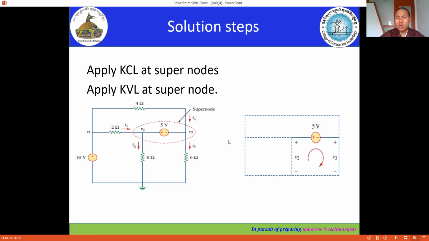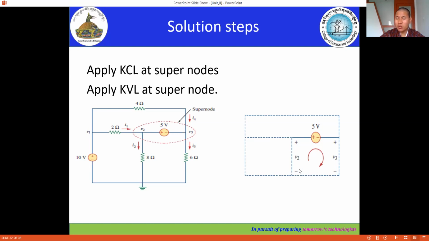Then the second step is to apply Kirchhoff's voltage law. Kirchhoff's voltage law says that the sum of the voltages in this loop or mesh is equal to 0. Here you have plus 5 volt, then V3 and V2. Remember that you have node voltages V2 and V3 here, with reference to the reference node, so this branch voltage will be equal to the node voltage.